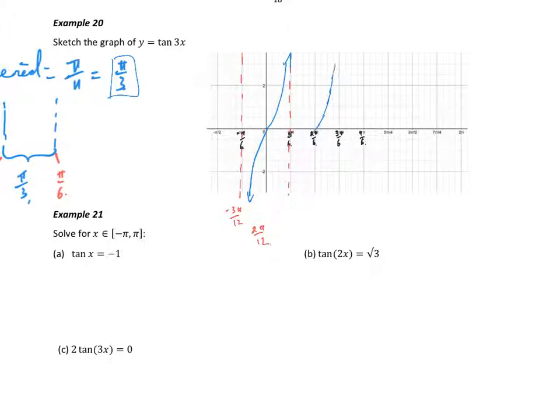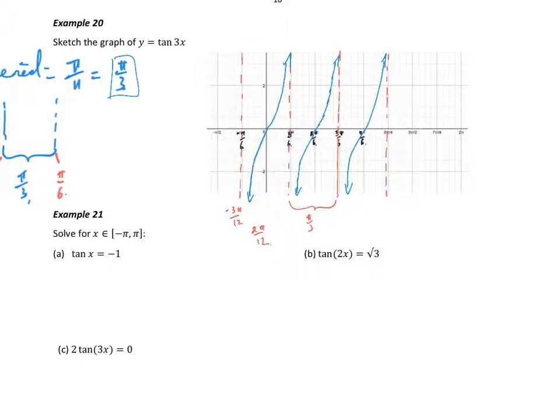So my graph repeats itself here. The distance between asymptotes again has to be pi on 3. So once again, we get one cycle. Everything just repeats itself.